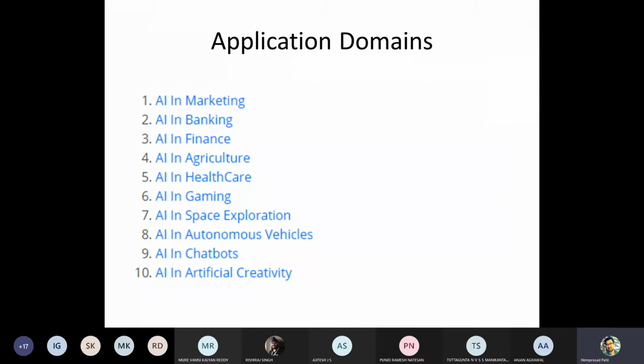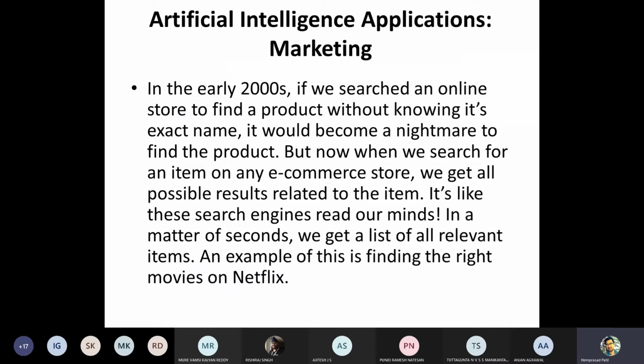So in marketing, in the early 2000s, if you wanted to search for something in an online store, say eBay, which was around at that time, and you didn't know the exact name of the product, it was very difficult to locate that product on the website. But now if we search for an item on any e-commerce store, we get all possible results related to that item.